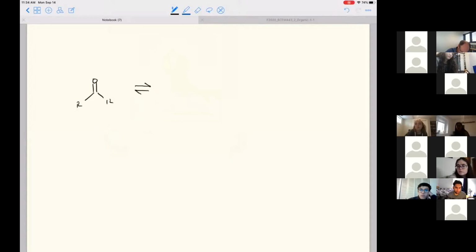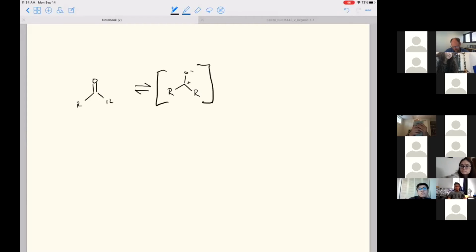So the reason this guy is electrophilic is that you have a very, very minor resonance form that doesn't really exist ever on its own, where you have this with R. This is R. Gosh, those are ugly. R, where you have this minor resonance form, where it looks like this.